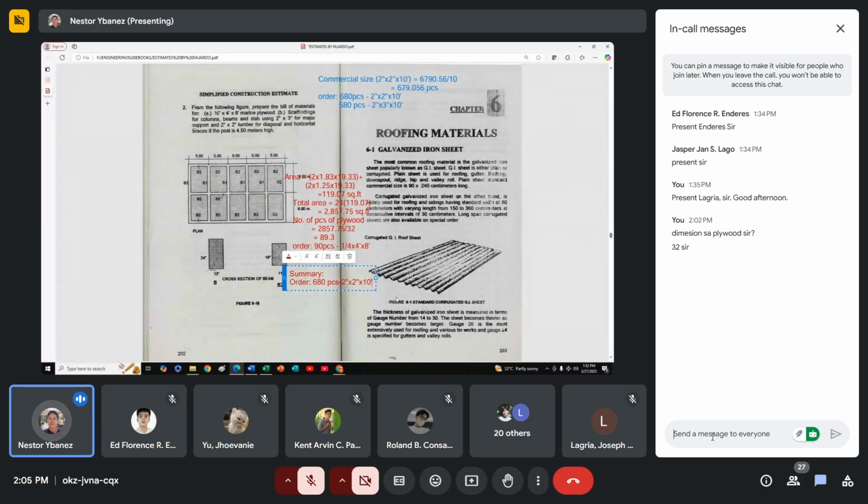And 90 pieces of plywood, with thicknesses such as 1/4, 1/2, 3/4; here 1/4 inch by 4 feet by 8 feet. That is how these problems are solved.